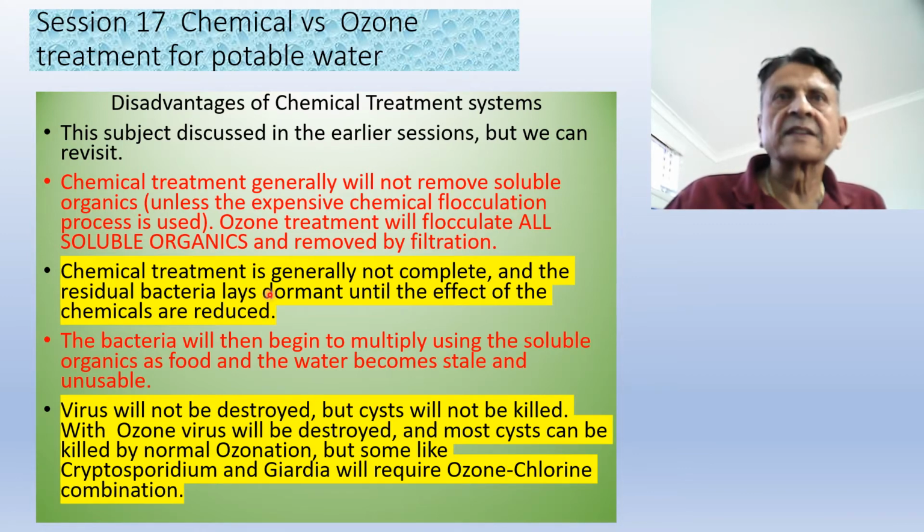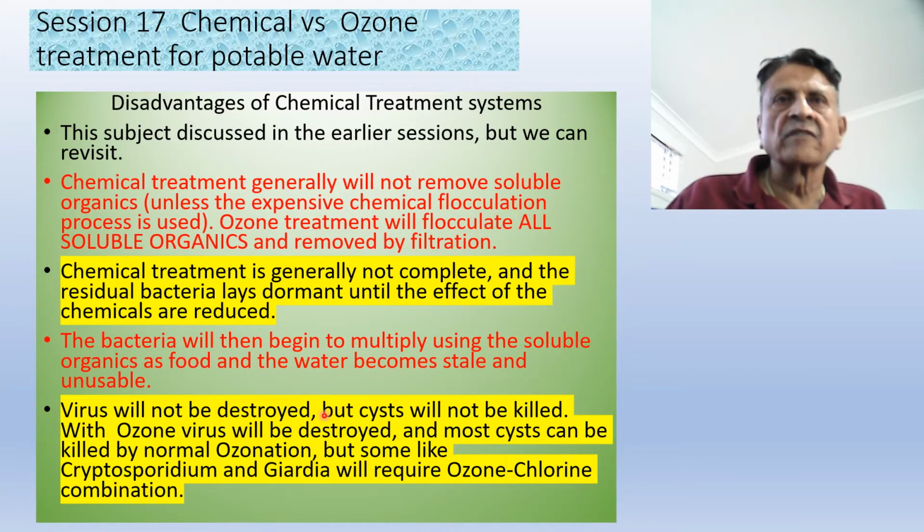Then these bacteria that have survived will begin to multiply using the soluble organics, which has not been removed by any chemicals, as food, and the water will become stale and unusable.